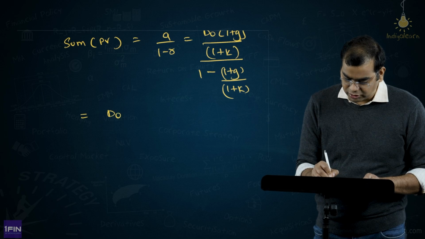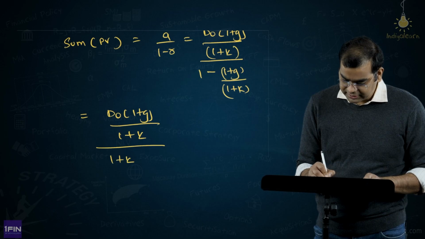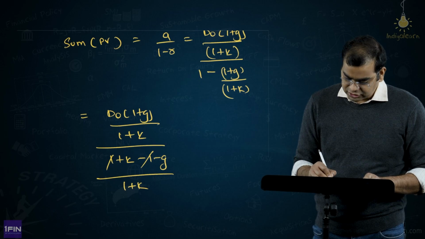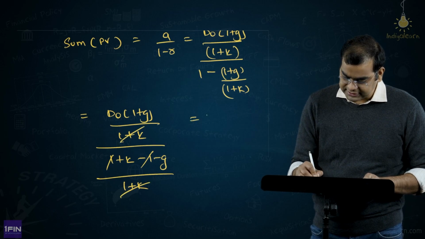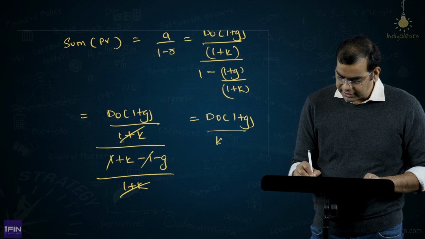It will be D0 into 1 plus G divided by 1 plus K divided by 1 plus K minus 1 minus G. So, these two will get cancelled, divided by 1 plus K, right. So, you cancel these two, you will get D0 into 1 plus G by K minus G.